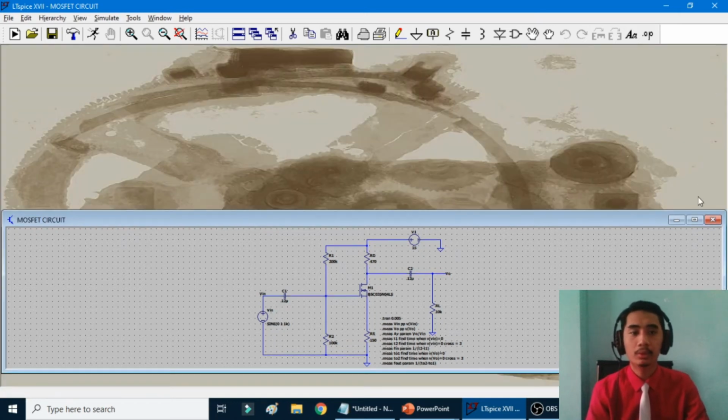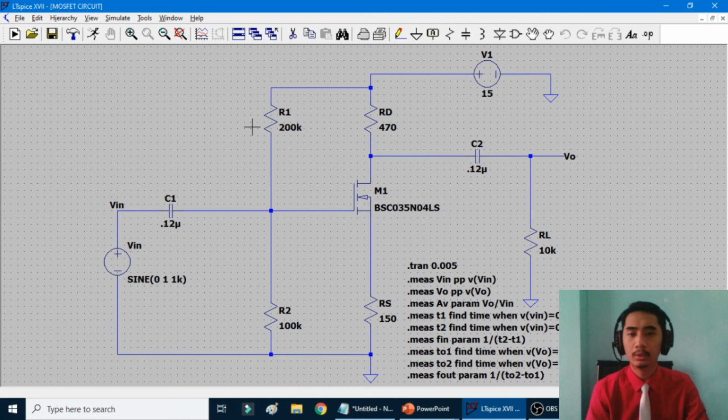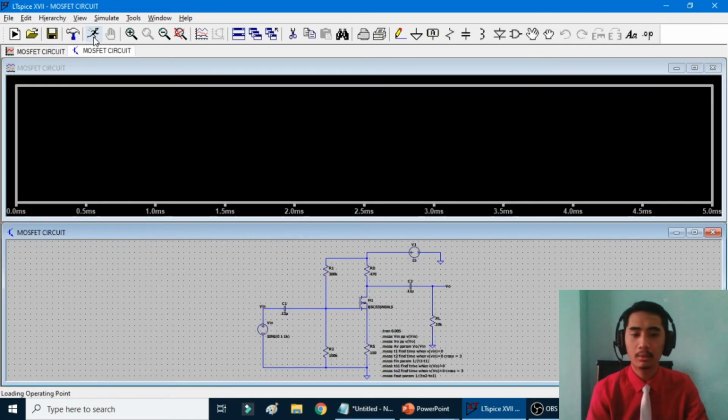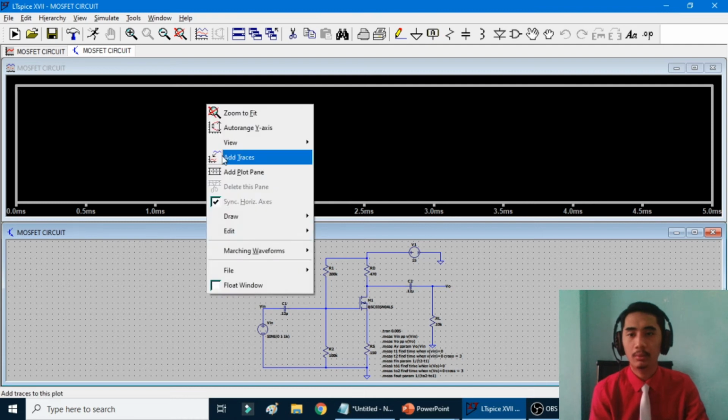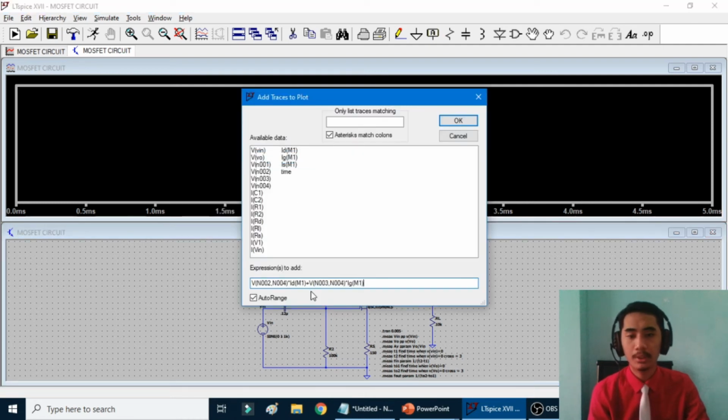Now we move to the waveform for our power measurement. We click run again, and I have this one here. I will just copy it to get our power measurement.